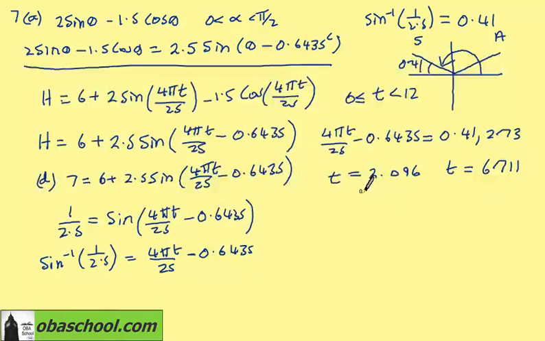So this is going to be 2 hours and then 0.096 times 60 minutes after midday. So this one gives us 14.06. This one is 6 hours, which would take us up to 1800, and then do 0.711 times 60 to get the minutes, giving us 1843.